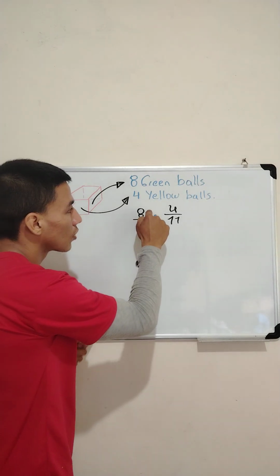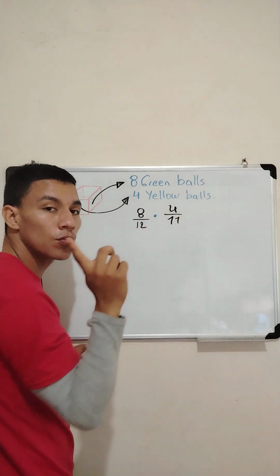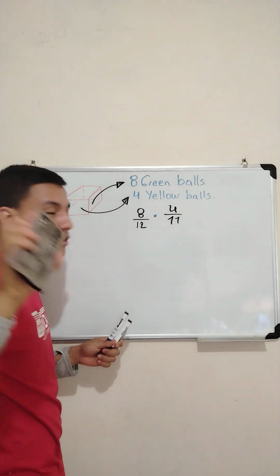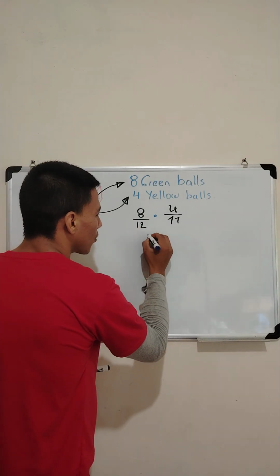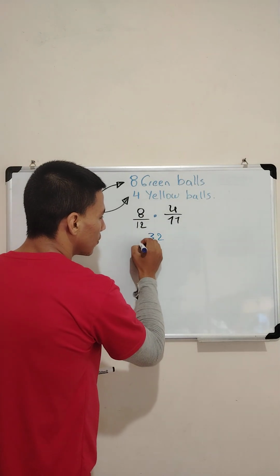And so 8 times 4 equals... I have the calculator here, and we have 32.